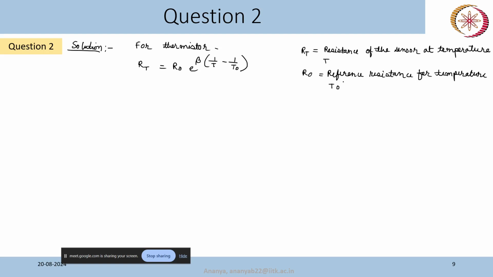That is known to us for the sensor. T naught is the reference temperature and beta is a material characteristic temperature that depends on the property of the material.